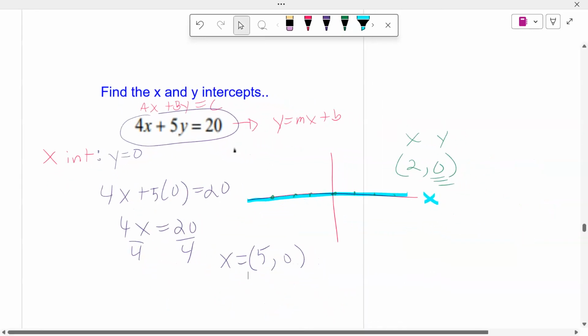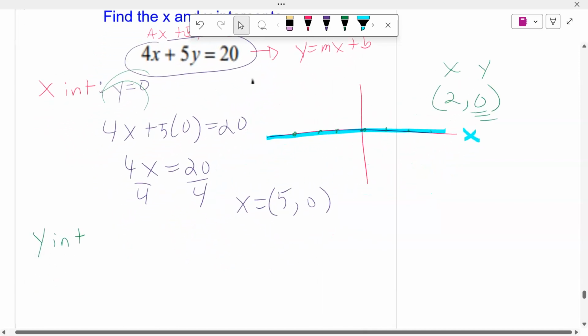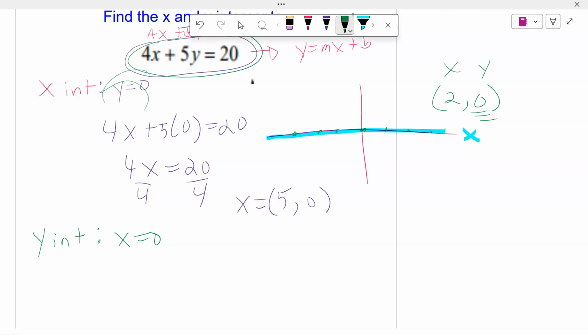So the opposite of that: for an x-intercept, we know y is 0, so we plug in 0 for the height. Well, if we're looking for a y-intercept, we just do the exact opposite. So I'm going to plug in 0 for x into the same equation and see what we get. So I'm thinking we're going to have 4 times 0 plus 5y is 20.